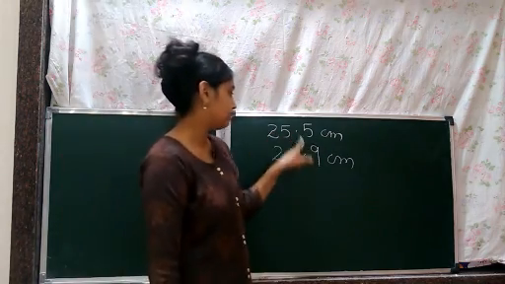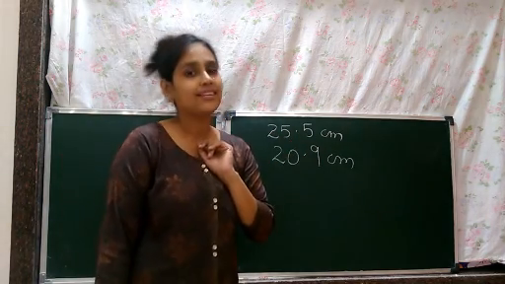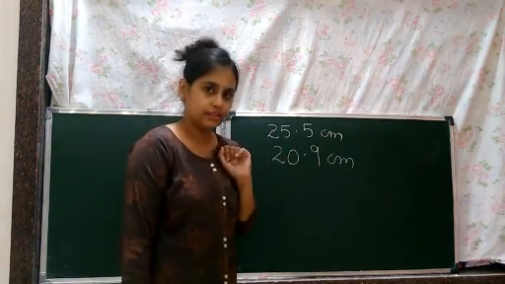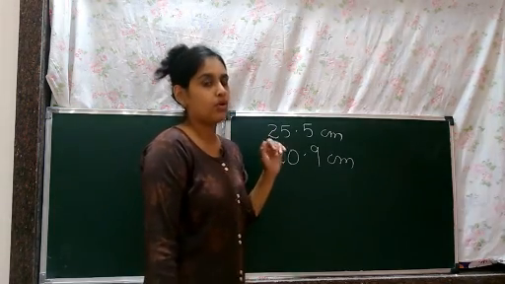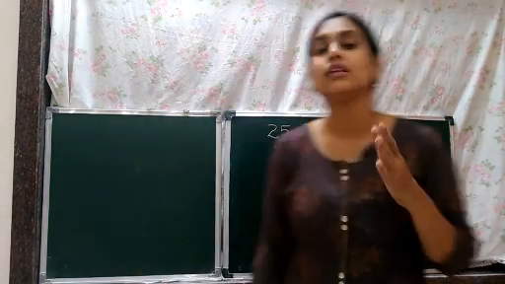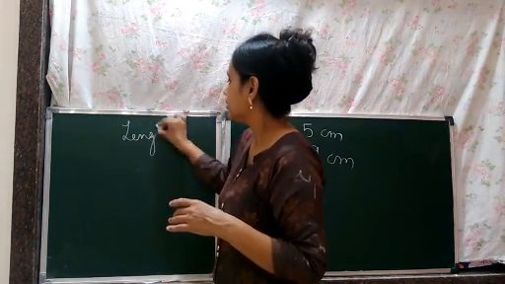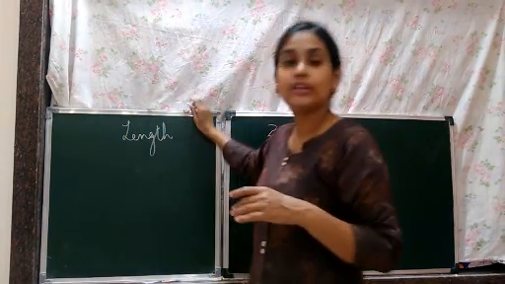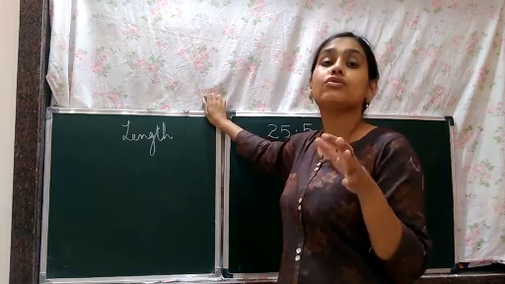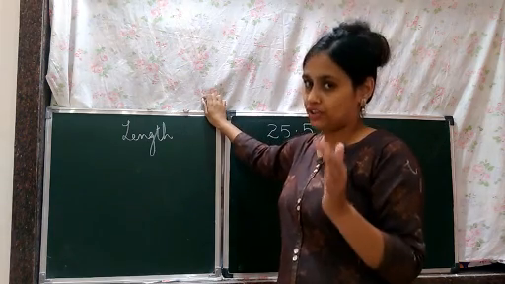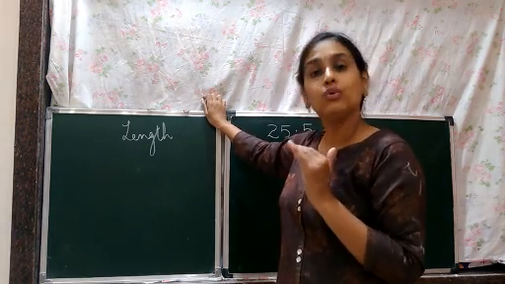So what can you see? Can you see decimal? Yes, there is decimal. So the other usage, or wherever you will see decimal in mathematics, is length. When you are going to measure or when you are going to solve questions which are related to length.